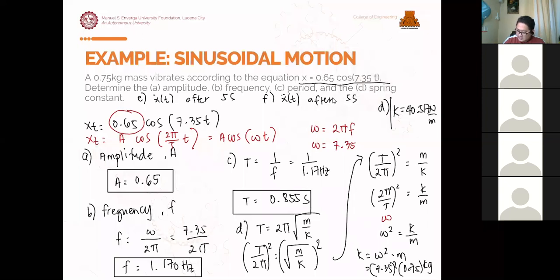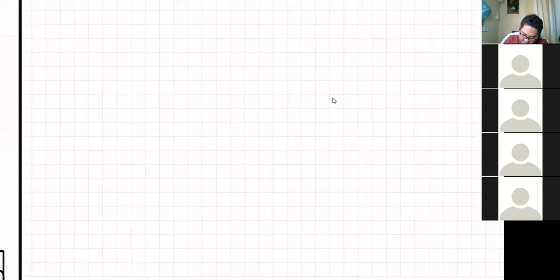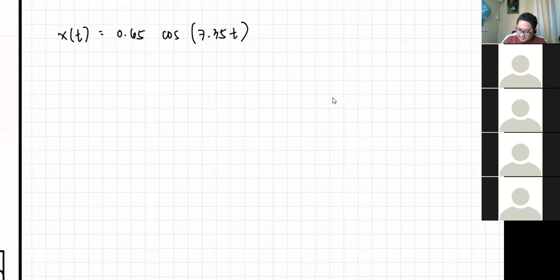Okay. Next is yung velocity and acceleration natin. Okay? So, yung given problem natin, x(t) is equals to 0.65 cosine of 7.35t. Okay? Given a time is equals to 5 seconds.